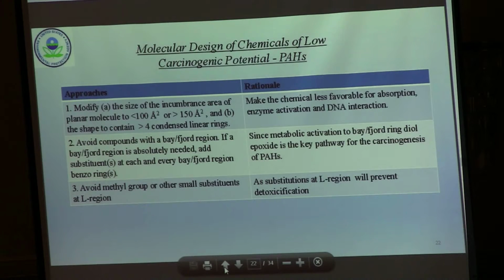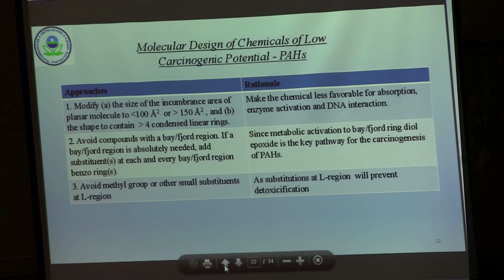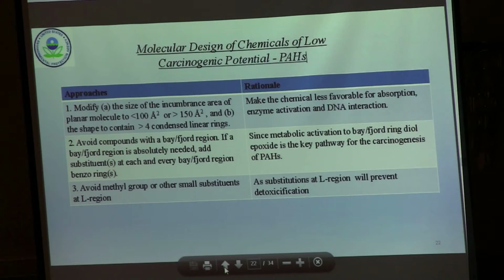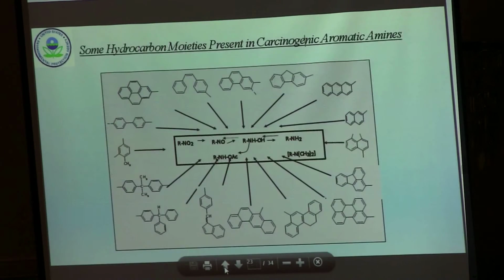If such a region is absolutely needed, then you can put substituents near or at each of them, so that they are not allowed to be activated to form the electrophile. And avoid putting a methyl group, a small substituent, at the L region.